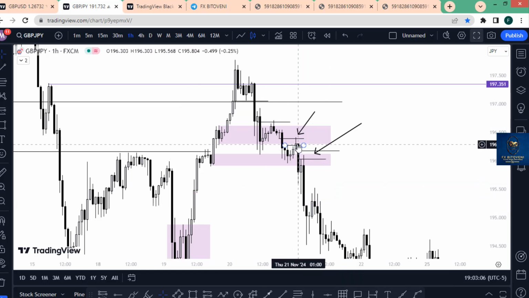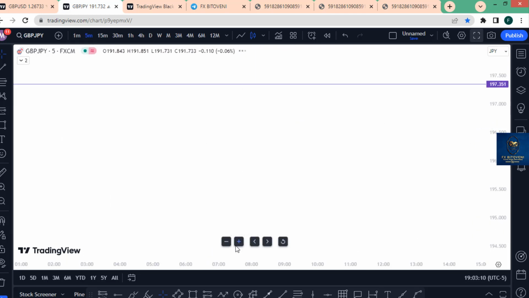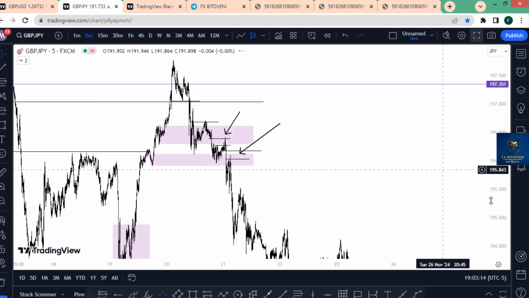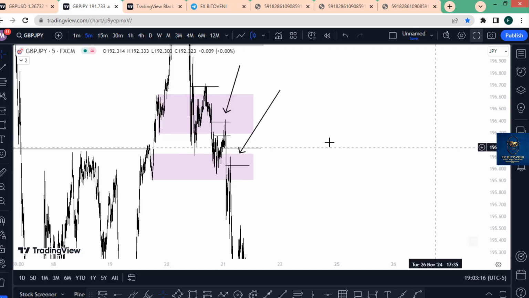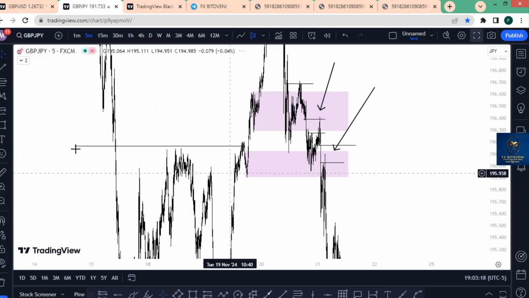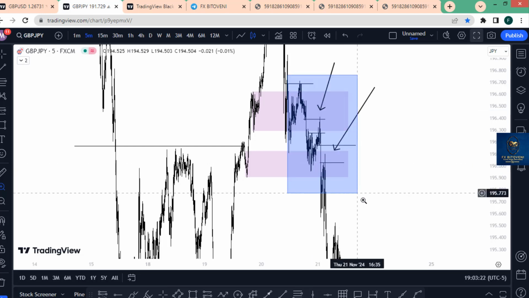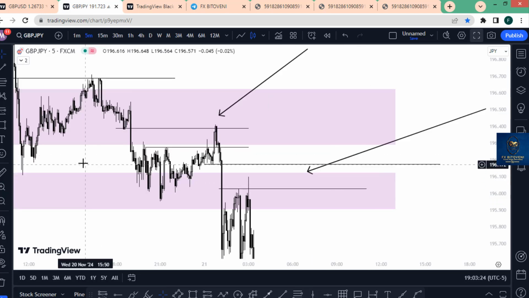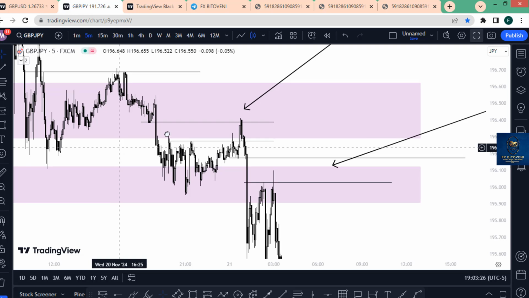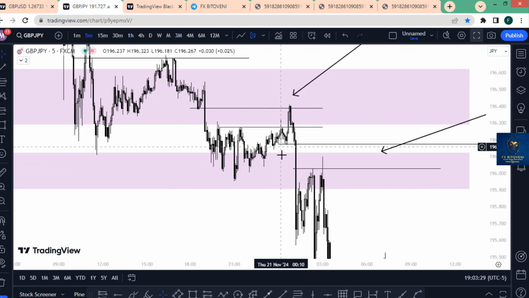But here, if you go to 5 minute time frame, you will probably find opportunity for you to enter a trade. Price is hitting the zone. Now you have what? You have order block being activated.